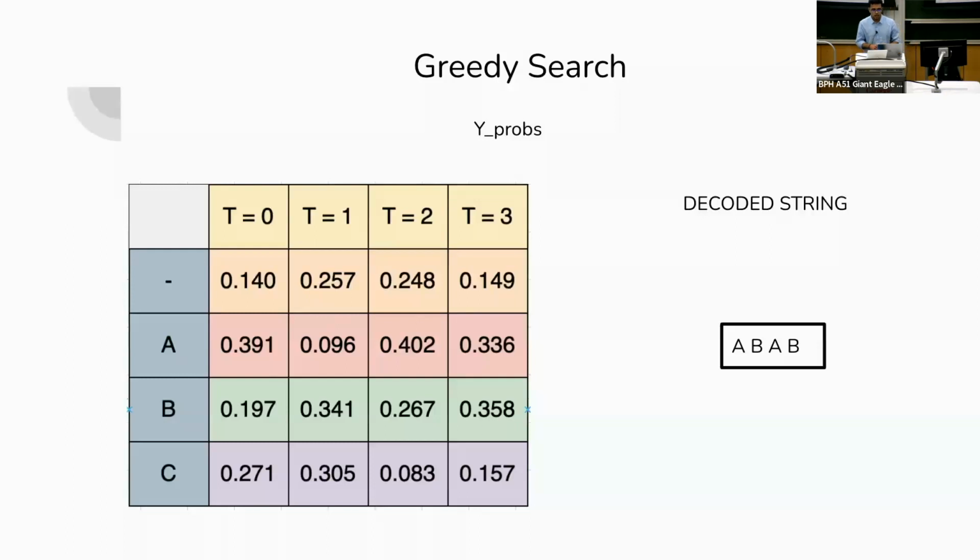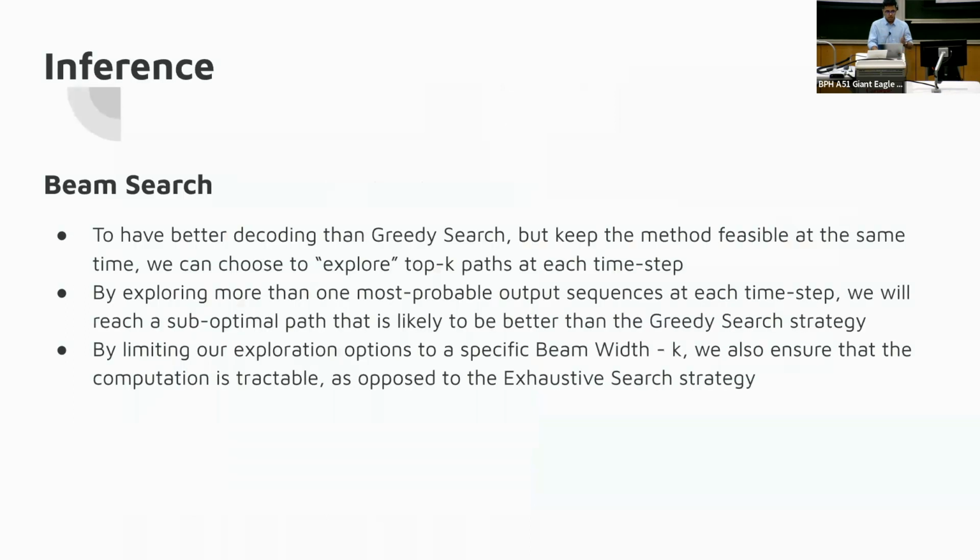It's not the most ideal way that we would want. So on one hand, we have greedy search. On the other hand, we have exhaustive search, which have their own pros and cons. But we would want to lie somewhere in between, right? That is where beam search comes in. In greedy search, we were just considering the top one path, whereas in exhaustive search, we were considering all n paths.